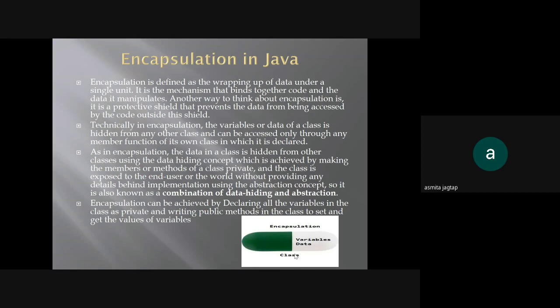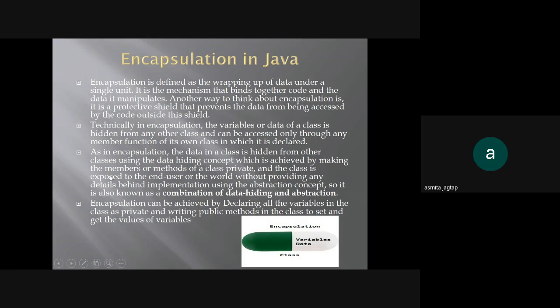Means if there is a class, and the class is a login class, and inside that login class there is a private variable password and a private variable user id, then outside of this login class you can't access this password and user id. Inside that class you can access them, but outside the login class you can't access those two variables which we declared. That is called encapsulation.